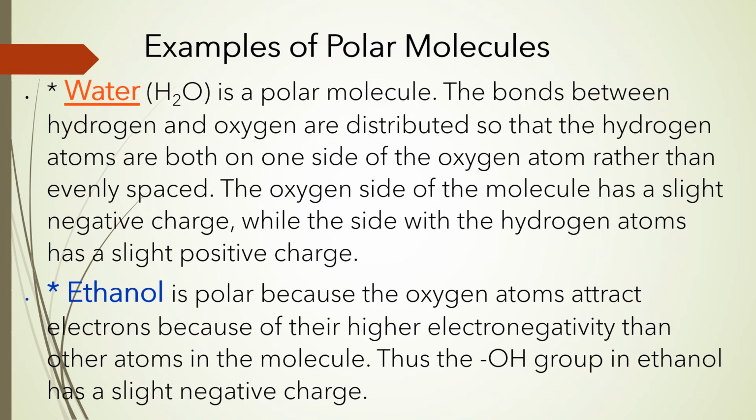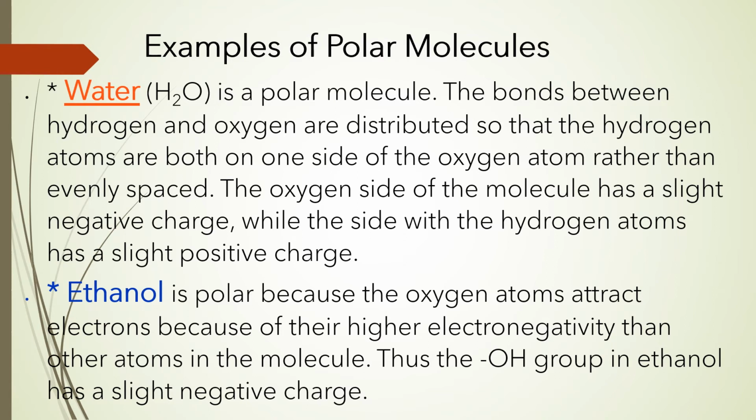Okay, so you have here examples of polar molecules. Water is a polar molecule. The bonds between hydrogen and oxygen are distributed so that the hydrogen atoms are both on one side of the oxygen atom rather than evenly spaced. So the oxygen side of the molecule has a slight negative charge, while the side with the hydrogen atoms has a slight positive charge. Then you have ethanol.